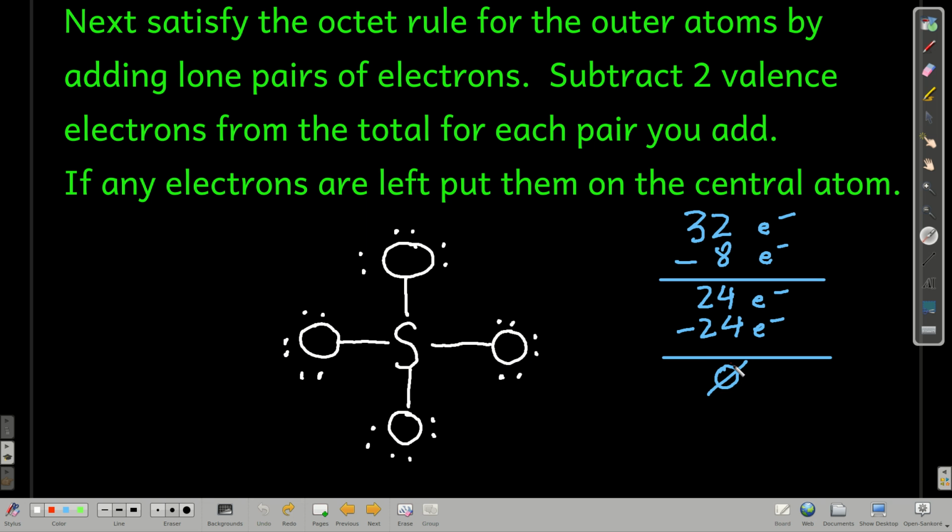Now all of our valence electrons have been used up, and that's one of our goals in drawing Lewis structures. We have to use all of the valence electrons, but we can't add any extras just by making them up. So at this point, we have the octet rule satisfied for all the oxygens, and sulfur also has its octet rule satisfied. It sees 2, 4, 6, 8 valence electrons.